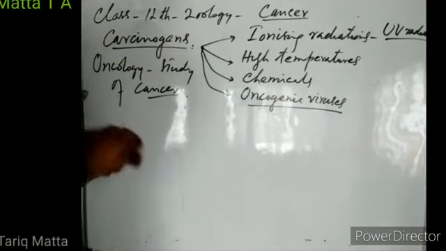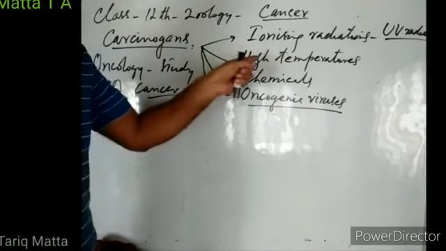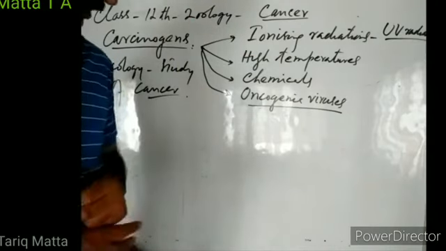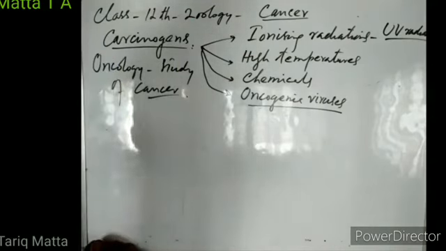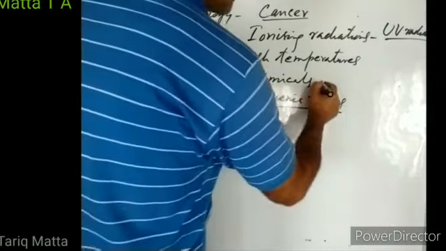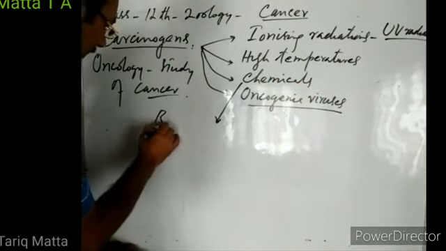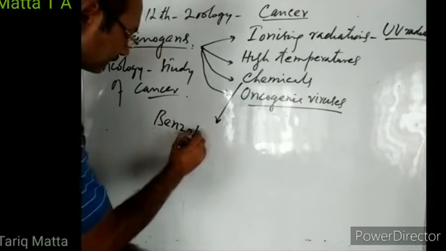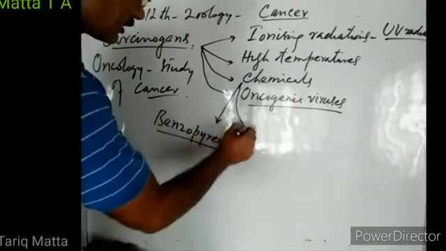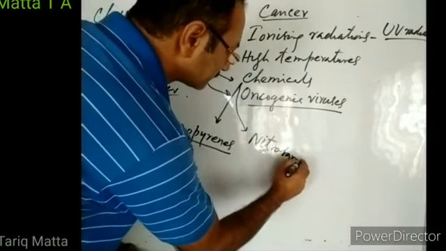So ultraviolet radiation or different types of radiations have been proved to be carcinogenic. High temperatures may also act as carcinogens. Chemicals, there are various types of chemicals which have proved to be carcinogenic. For example, there are benzopyrenes or nitrosamines.